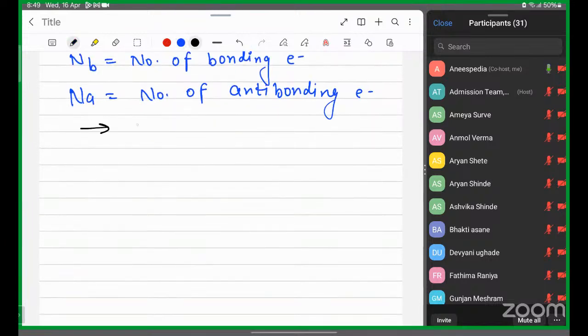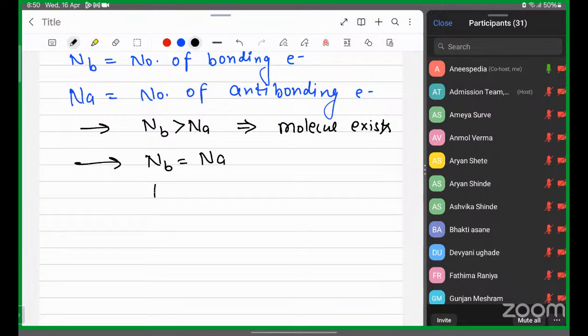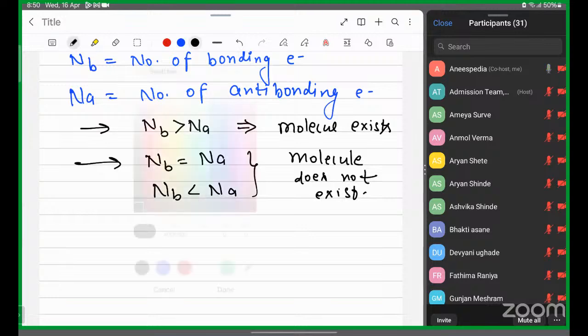Remember, if Nb is greater than Na, in that case the molecule exists. And if Nb is equal to Na or Nb is less than Na, in that case the molecule does not exist. Understood?